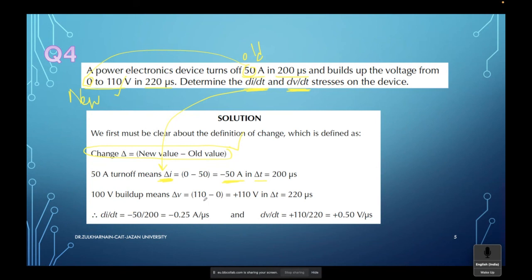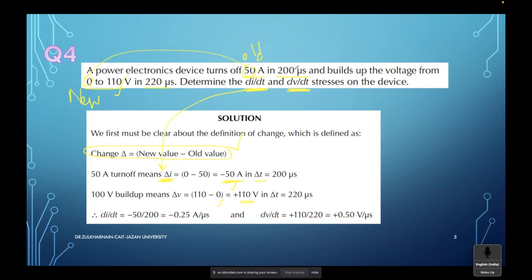So 110 is the new value minus old value 0. If you are not given what you had previously, you can consider it 0. But here you have 0 anyhow, and the new value is 110. So 110 minus 0, because it is new value minus old value, you have 110 volts. So this is plus.